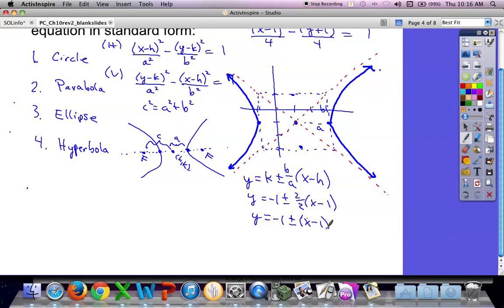And of course, you could write both of those like this. y equals negative 1 plus x minus 1, which is x minus 2. Or y equals negative 1 minus x plus 1, which is negative x. Which looks pretty good, right? x minus 2 means y-intercept of 2, slope of 1. y equals negative x means y-intercept of 0, slope negative 1.